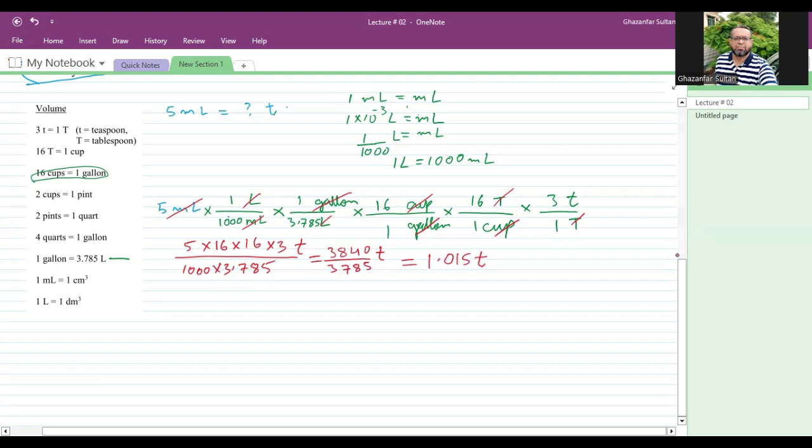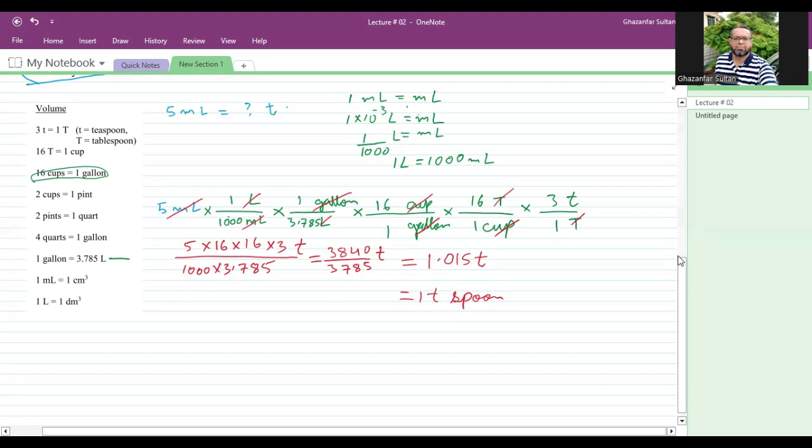So if in the prescription it was written 5 ml, you can take roughly 1 teaspoon. So this is the way to determine a new relationship if a direct relationship is not given for unit conversion. So you can go alternatively, or you can develop or memorize these relationships.